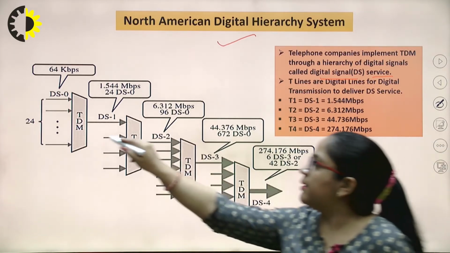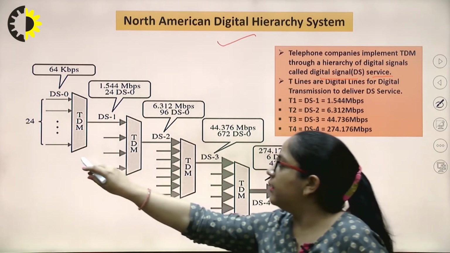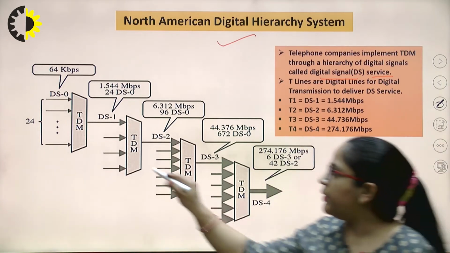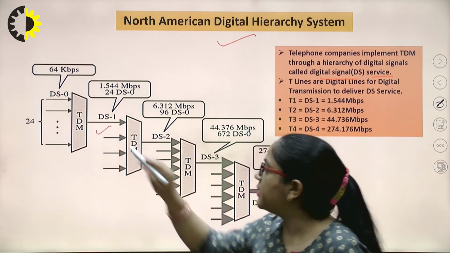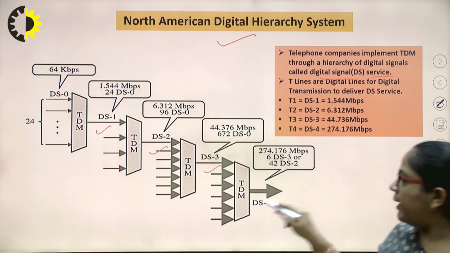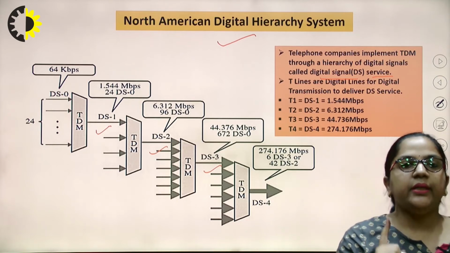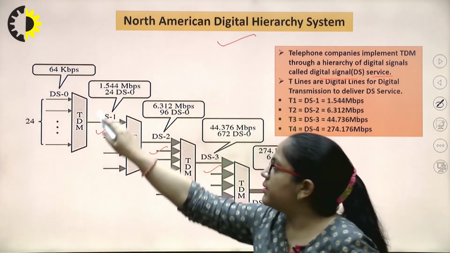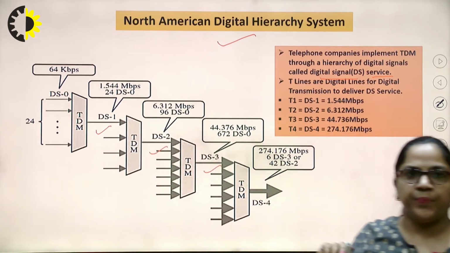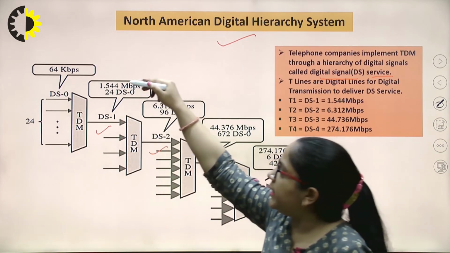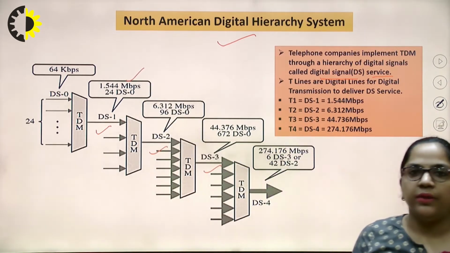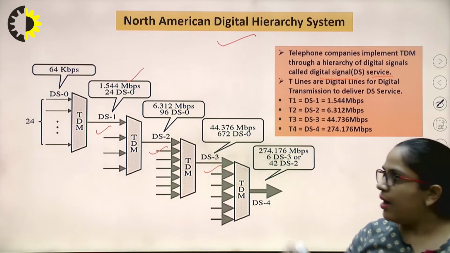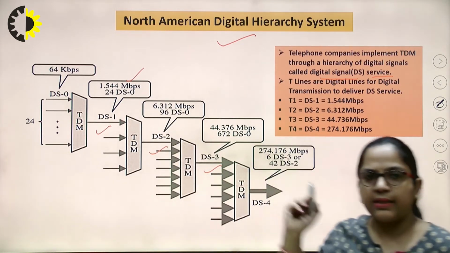So how can we understand this hierarchy? It is the first, second, third, and so on. In the T1 transmission line, we have the first digital service, DS1. The maximum speed in this case is 1.544 Mbps. How we have calculated this, we will see in the next slide.